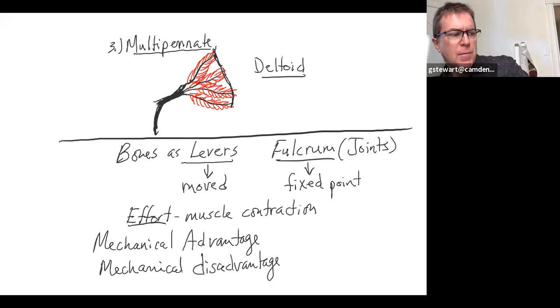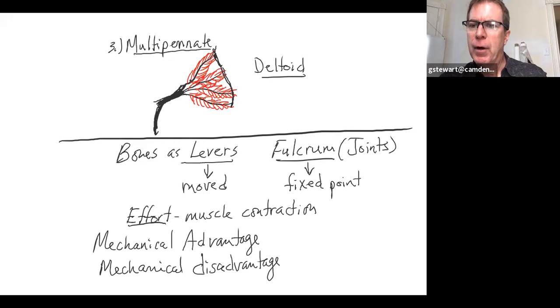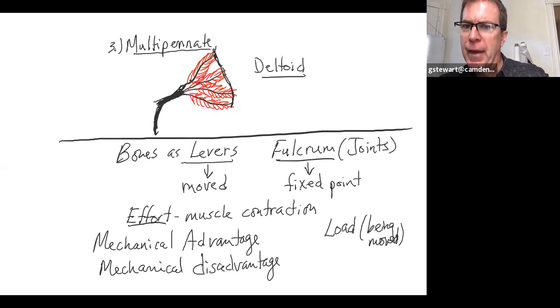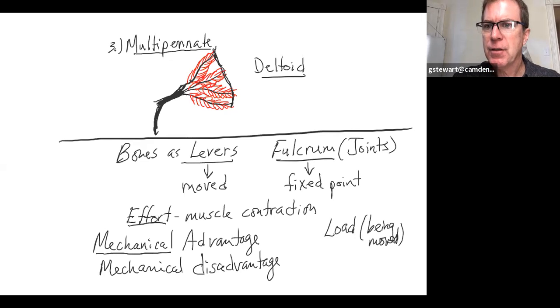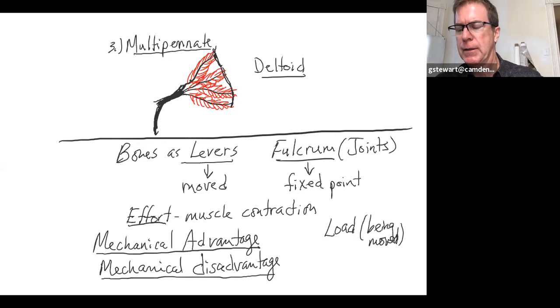Something that is a mechanical advantage is when a load, that's something that's being moved, is close to the fulcrum, that's called mechanical advantage. When the effort is close to the fulcrum and the load is far away from the fulcrum, I'm going to draw pictures on the next page, don't worry, that's called mechanical disadvantage.